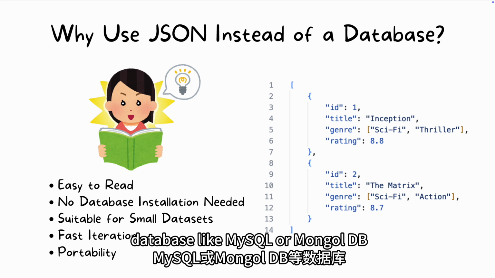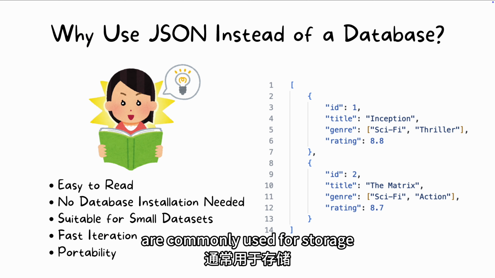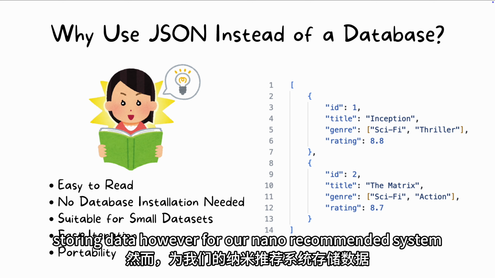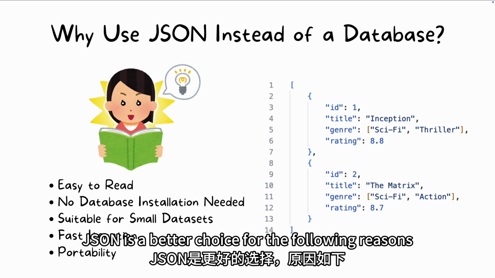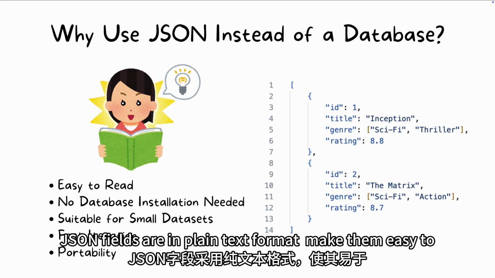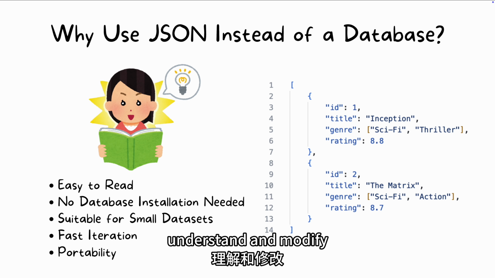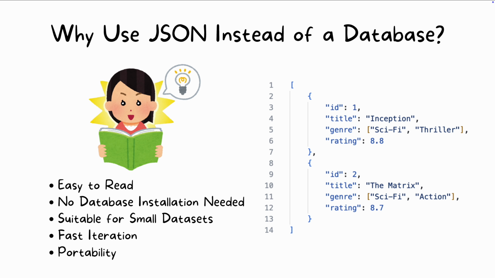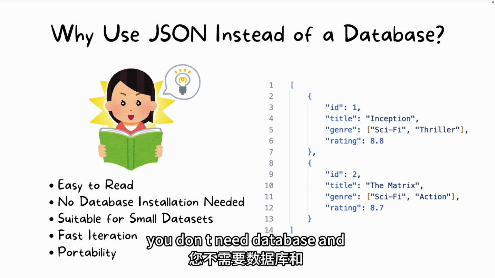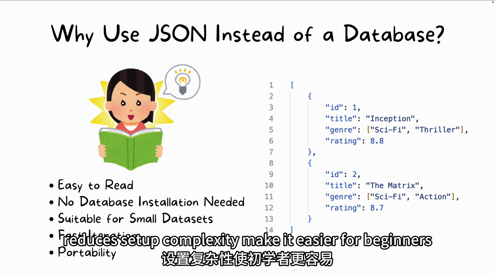Now let me introduce why use JSON instead of a database. In production systems, databases like MySQL or MongoDB are commonly used for storing data. However, for our nano recommender system, JSON is a better choice for the following reasons. Easy to read. JSON files are in plain text format, making them easy to understand and modify. It doesn't need a database and reduces setup complexity, making it easier for beginners.